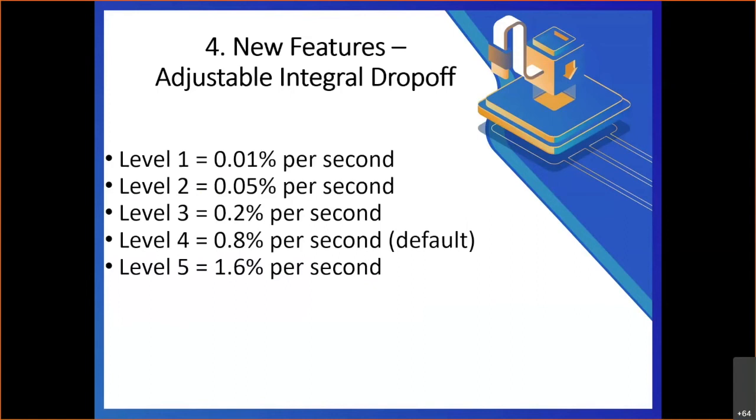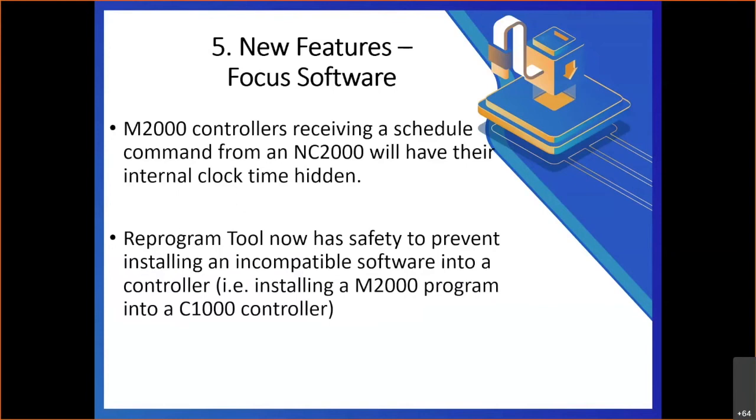We have some new features in the Focus software. The M2000 controllers, we get a little bit of confusion on this. An M2000 controller, when it receives a schedule from the NC 2000, is going to have its internal clock time hidden.